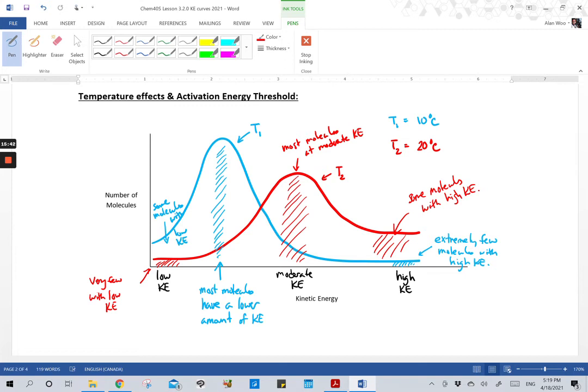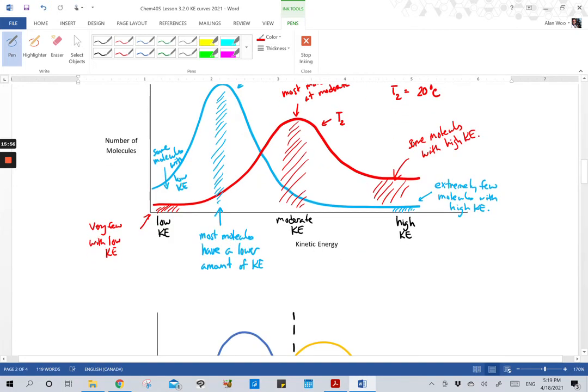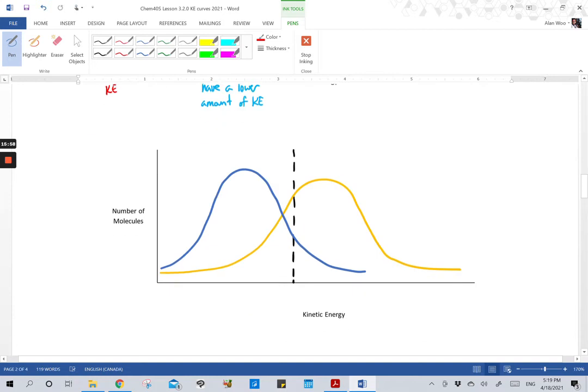Okay? There's something called activation energy threshold. Activation energy threshold is pretty similar to activation energy on a PE curve, okay? But it's seen in a different way. So I'm going to scroll down again, and here you see again two different graphs, but there's a dotted line that's roughly in the middle.